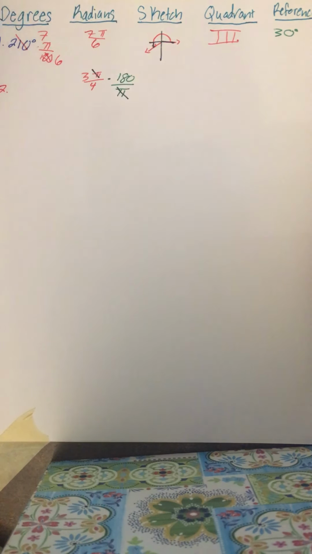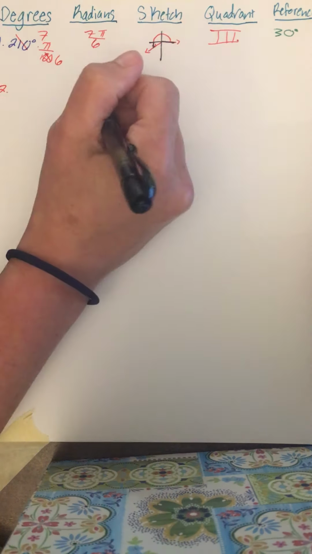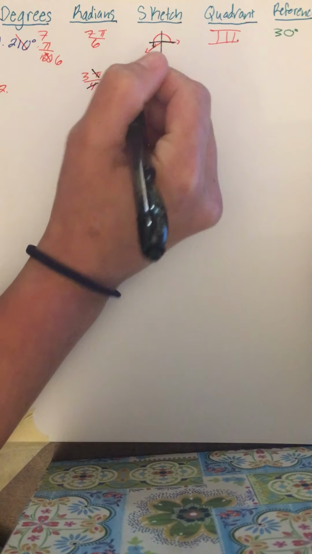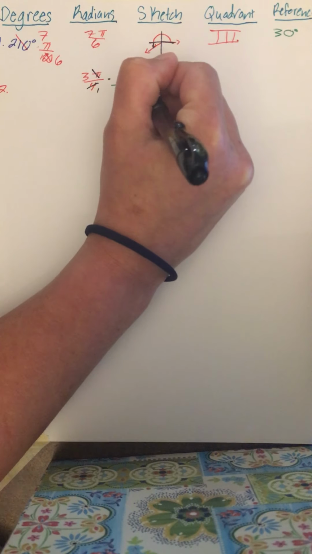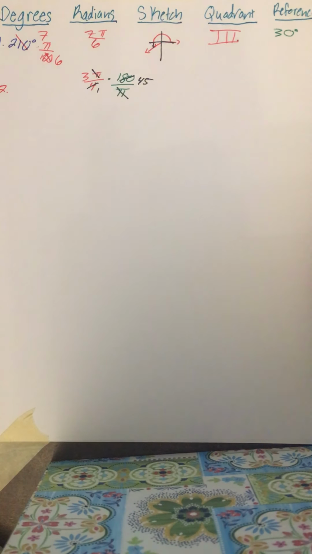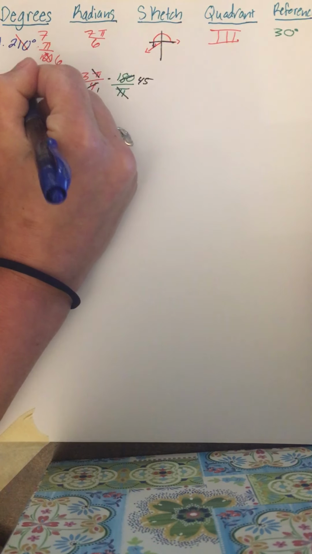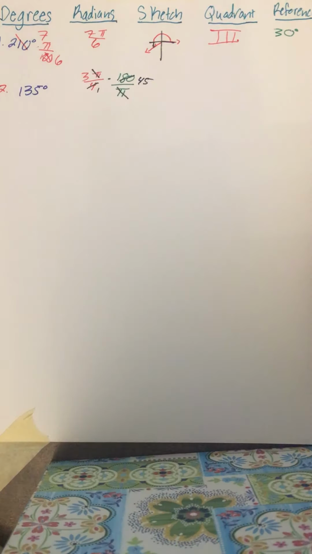And then we can divide both of these by 4. And 3 times 45 would give us 135 degrees.